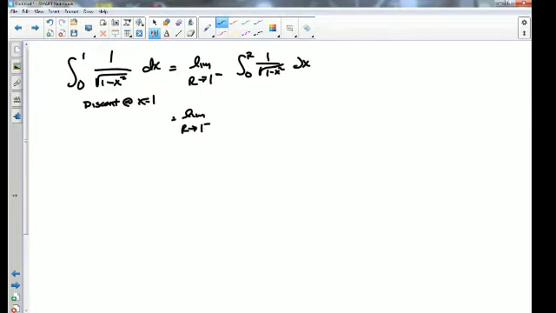You remember that integral? And sine inverse. So we have the limit of sine inverse r minus sine inverse 0.